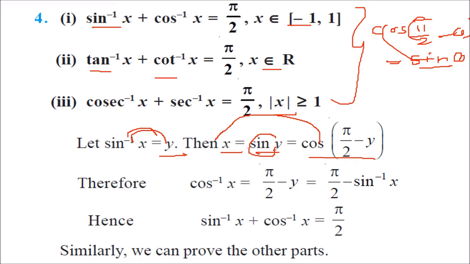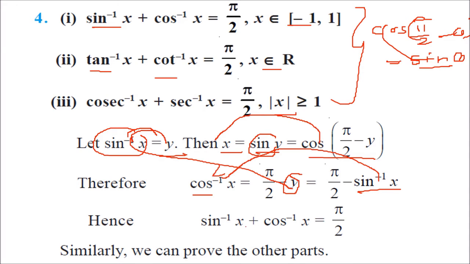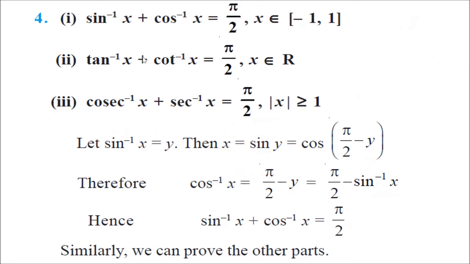Take cos inverse here, so cos inverse x will be pi by 2 minus y. But what was y? It was sin inverse x. Place it here. This becomes cos inverse x is equal to pi by 2 minus sin inverse x. Now take sin inverse x to the left hand side. That makes sin inverse x plus cos inverse x equal to pi by 2. Similarly, you can prove the second and third parts also.